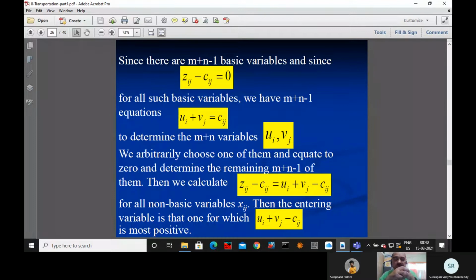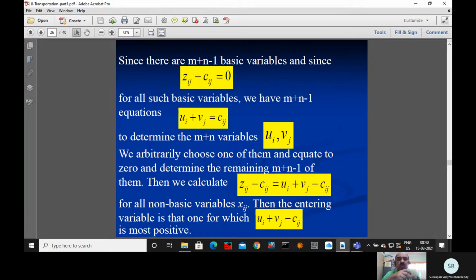In this transportation problem, where we are finding the phase 1 solution, there are m plus n minus 1 non-zero decision variables xij.